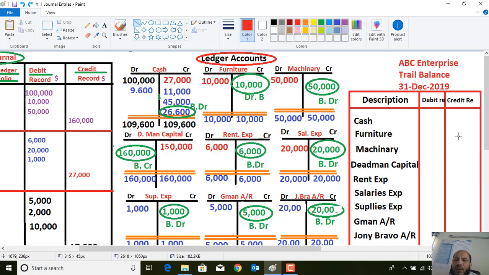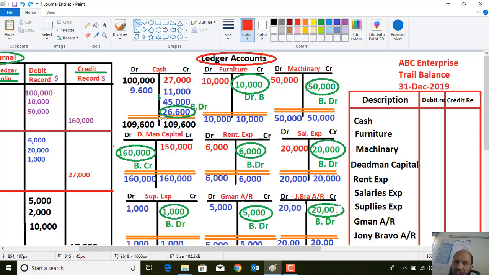We will take this amount. Dear students, we have already mentioned over there whether this amount is a debit balance or credit balance. If you see the cash, you may find that it is a balance of debit record.